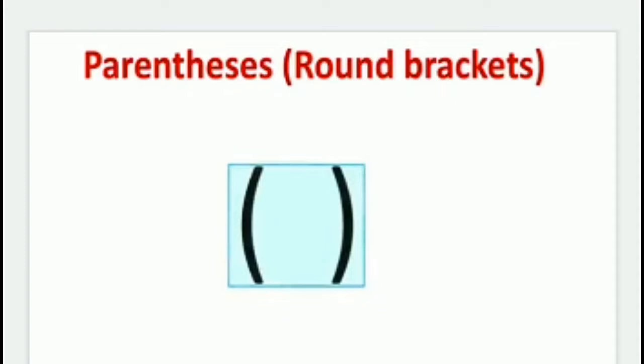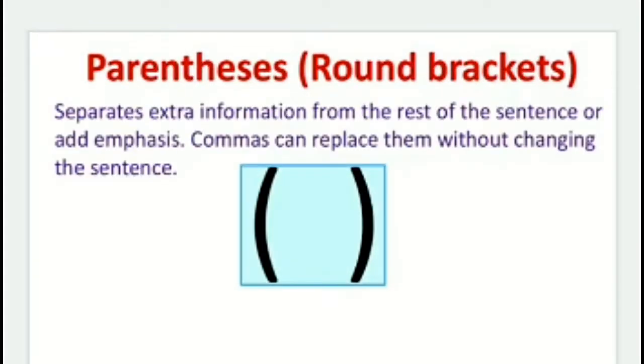parenthesis. It's also called round brackets. Round brackets are used to separate extra information from the rest of the sentence or add emphasis. Commas can replace them without changing the sentence.